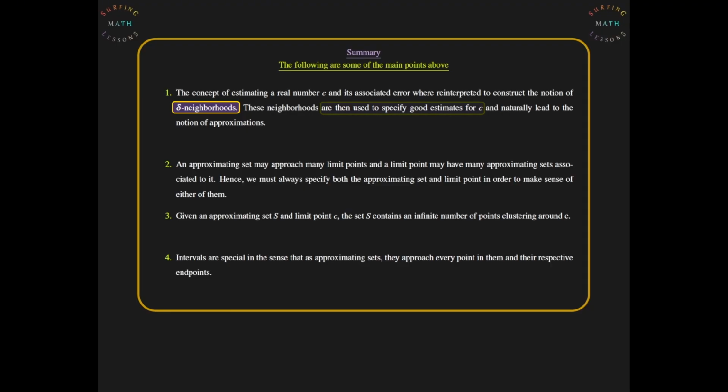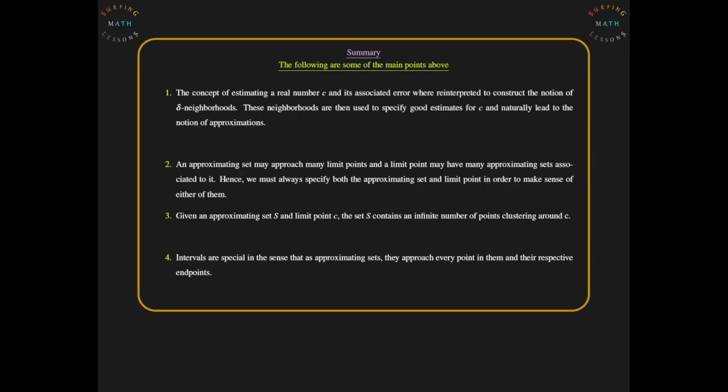These neighborhoods are then used to specify good estimates of C and naturally lead to the notion of approximations. Second, an approximating set may approach many limit points, and a limit point may have many approximating sets associated to it.